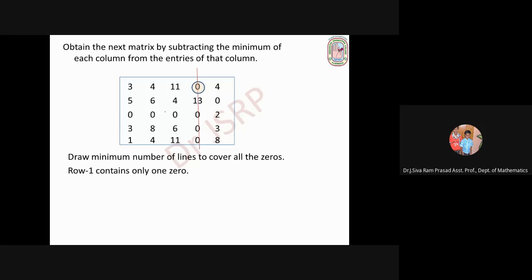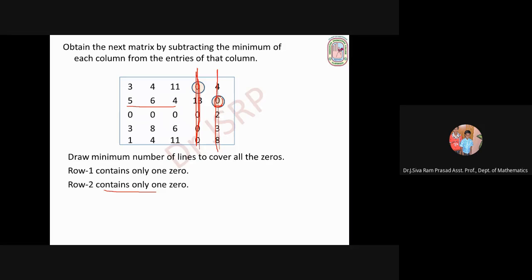Next, come to second row. So we have to delete this fourth column. You have to observe only these 3 entries and the last entry. So clearly second row also contains only 1 0. So circle that 0 and draw vertical line.